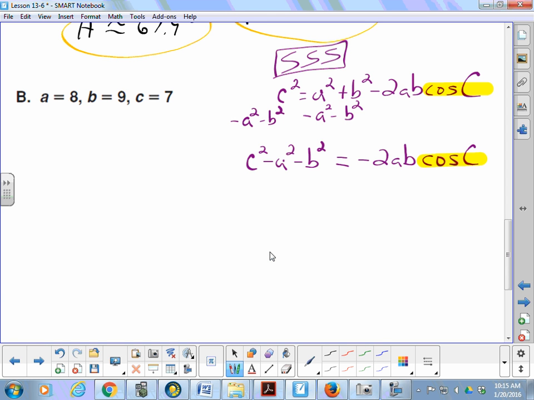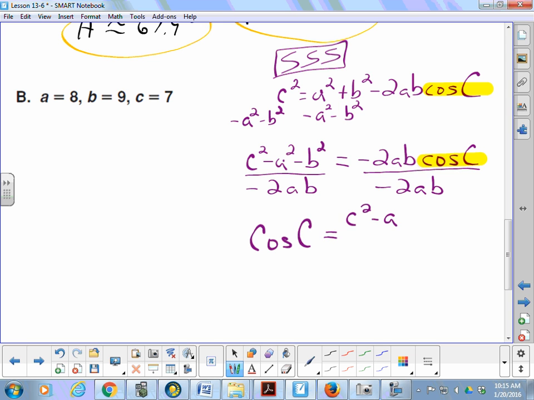What's happening here then? There's multiplication. So to get rid of multiplication, we have to divide. So we're going to divide by negative 2ab. So the cosine of C equals c squared minus a squared minus b squared over negative 2ab.